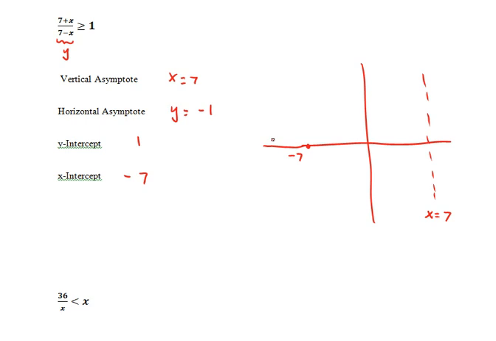We also have the y-intercept at 1 and the horizontal asymptote at y equals negative 1. This time, the branches of the hyperbola are in the top left and bottom right.